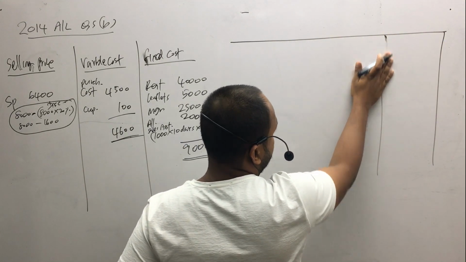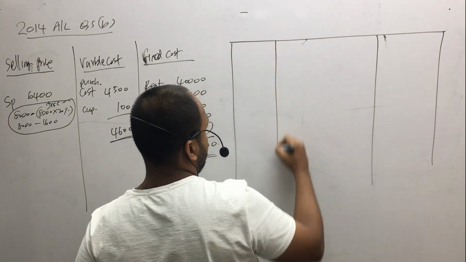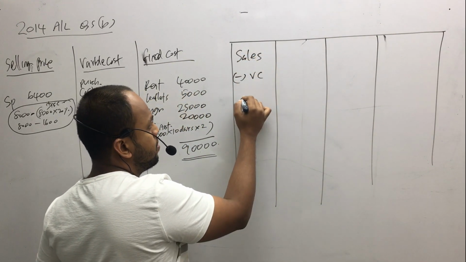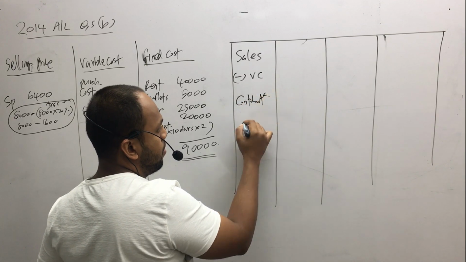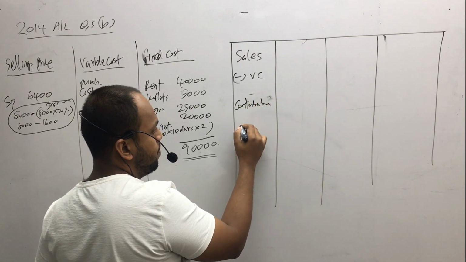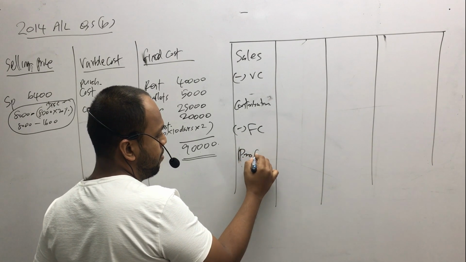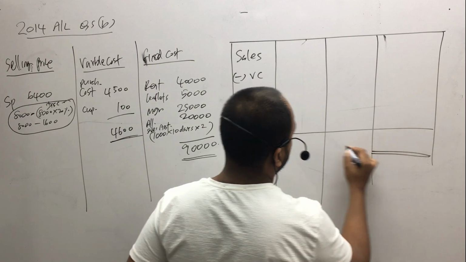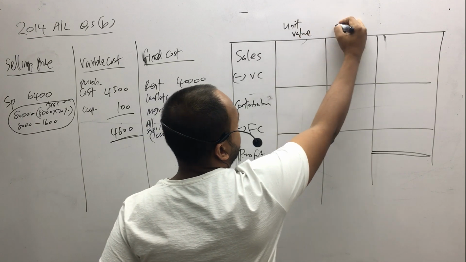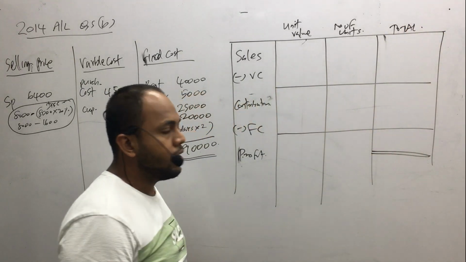Then if you take this into the format, sales minus variable cost is contribution, minus fixed cost is profit. Unit value, number of units and the total.